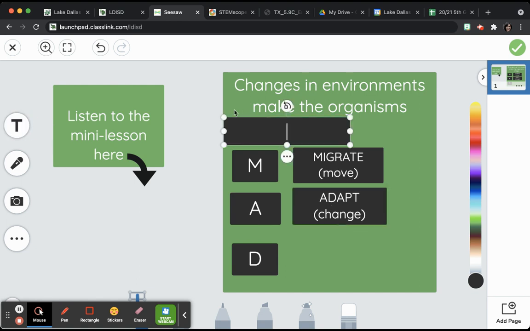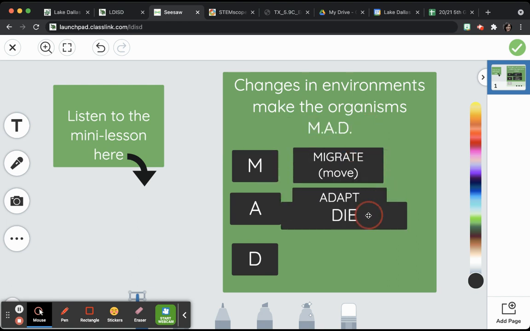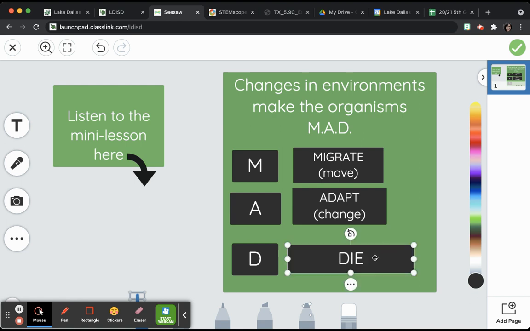Now, the last letter here, the D, this is the sad one. Sometimes it does not end well for organisms and they actually die. Maybe the change is adding some harsh chemicals to a certain area.